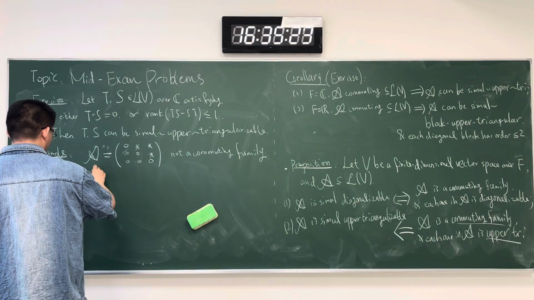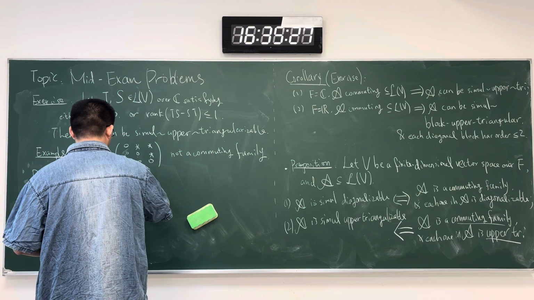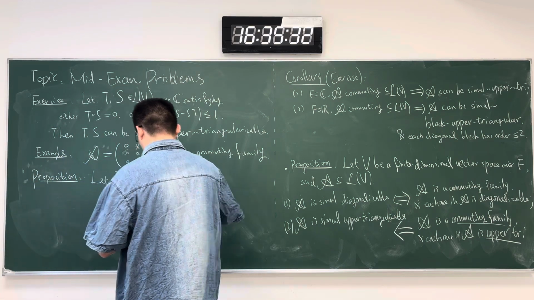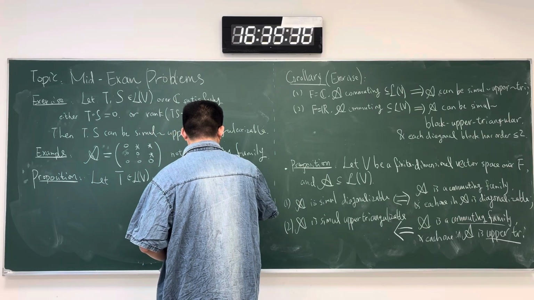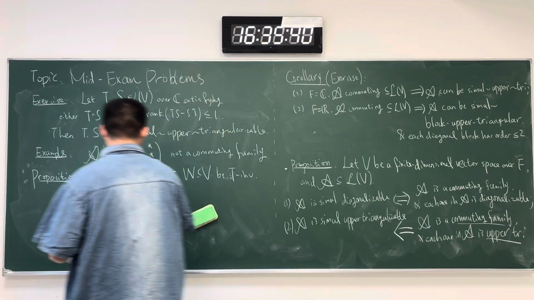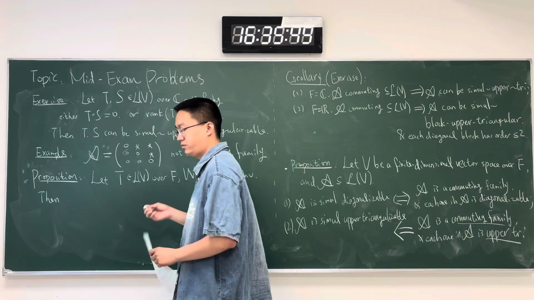Say that T is a linear transformation over any field F, and W is a T-invariant subspace. Then, our conclusion is rather strong.